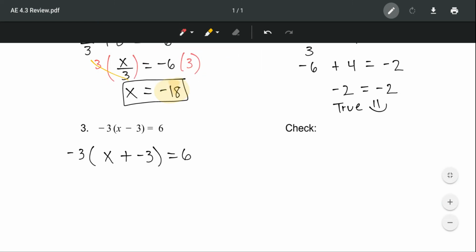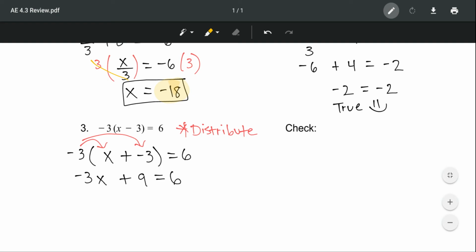So multiply negative 3 times everything inside the parentheses. That's using the distributive property. So negative 3 times x would be negative 3x. Negative 3 times negative 3 is positive 9.